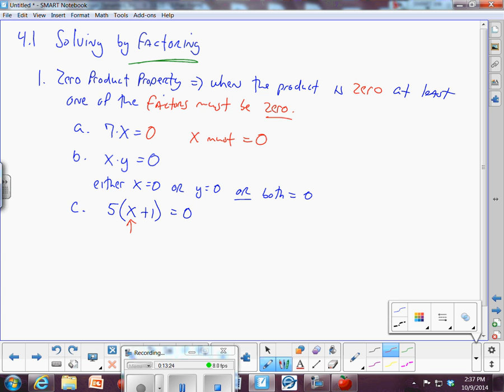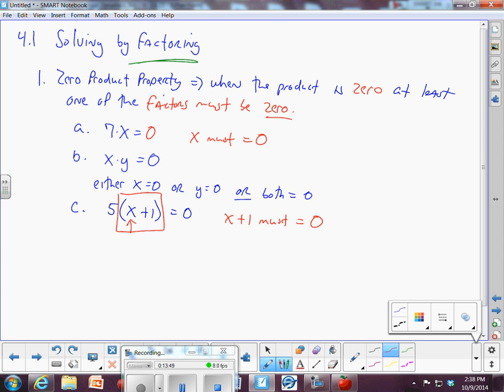In order for this to be true, what must x equal? Well, here's the reality. This quantity x plus 1 must equal 0. It has to.